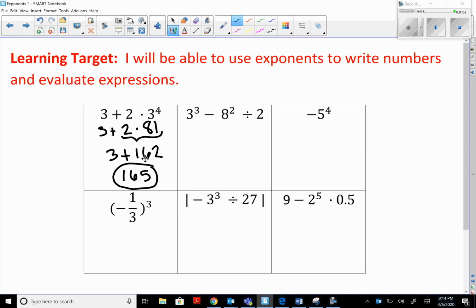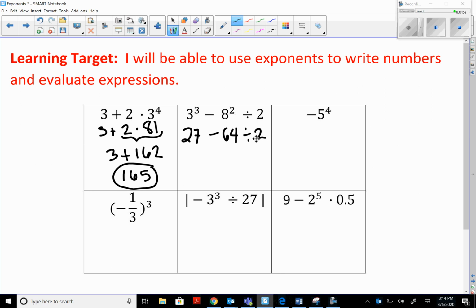All right, this next one, there are no parentheses. So let's do exponents first. 3 to the 3rd power would be 3 times 3 times 3, which is 27. 8 to the 2nd power is 64. 8 times 8.